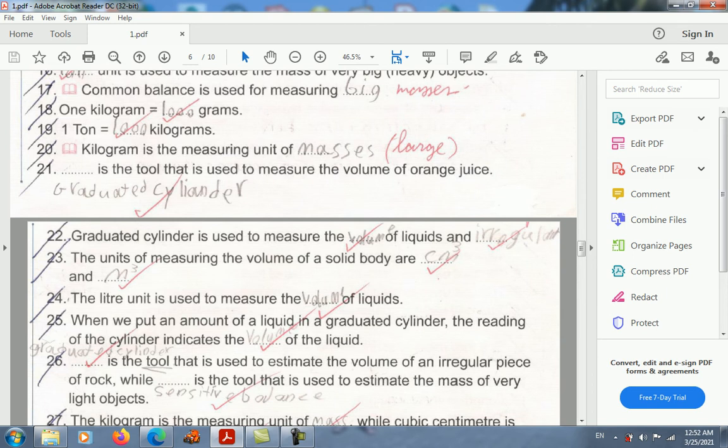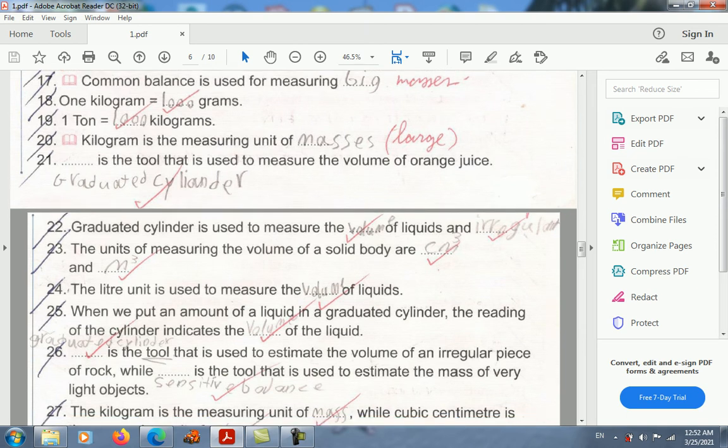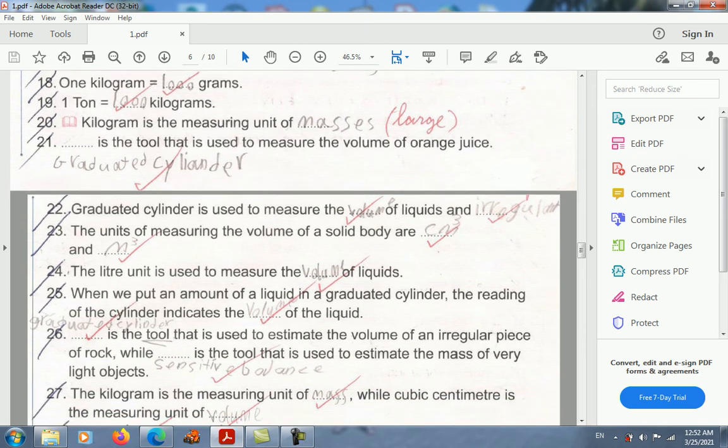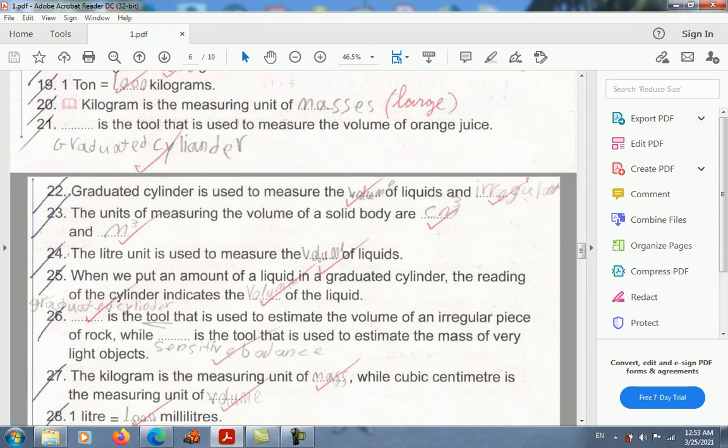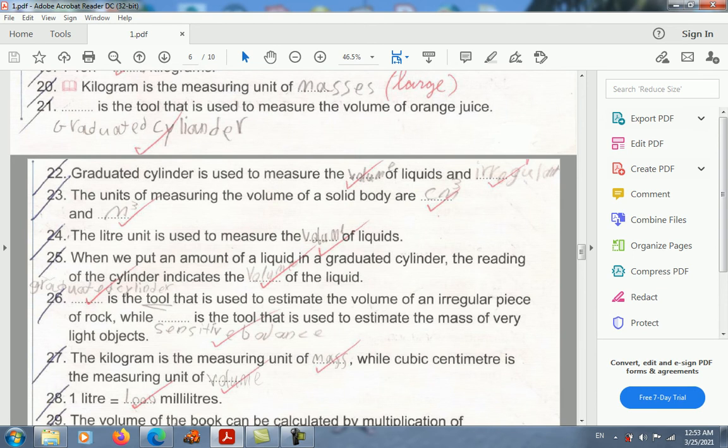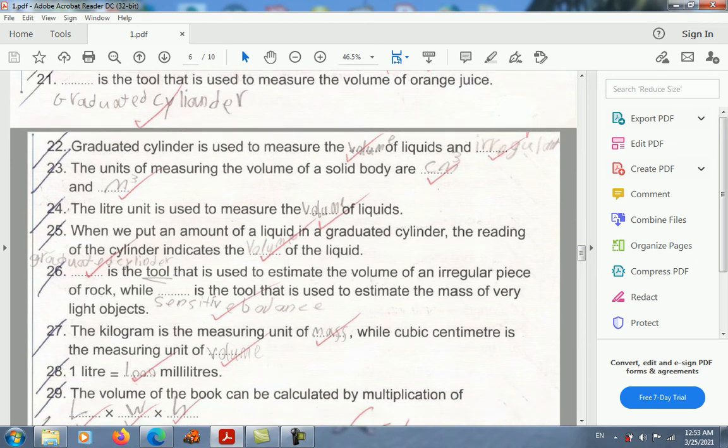Common balance is used for measuring big masses. 18. 1 kilogram equal 1000 grams. 19. 1 ton equal 1000 kilograms. 20. Kilogram is the measuring unit of large masses. 21. Graduated cylinder is the tool that's used to measure the volume of orange juice.